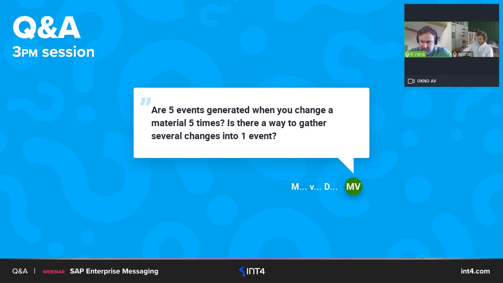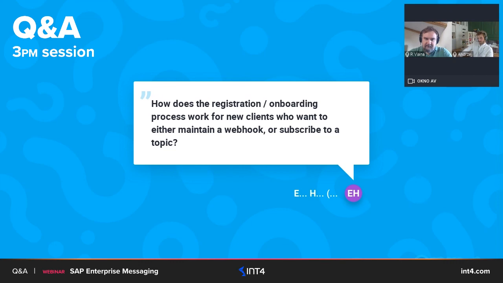How does the registration process work? Okay, another interesting question, I believe the last one. How does the registration and onboarding process work for new clients who want to either maintain a webhook or subscribe to a topic? It's very simple to do this via the dashboard. Like in SAP EM, you can create many clients, and for each client I will have one namespace.